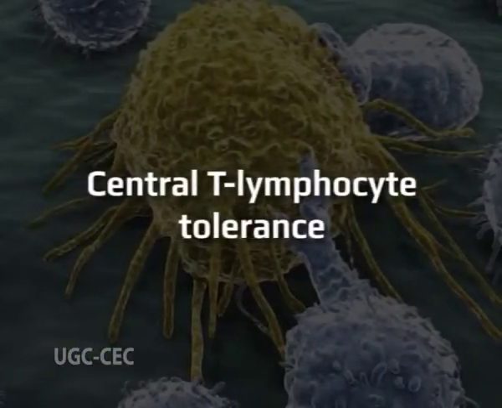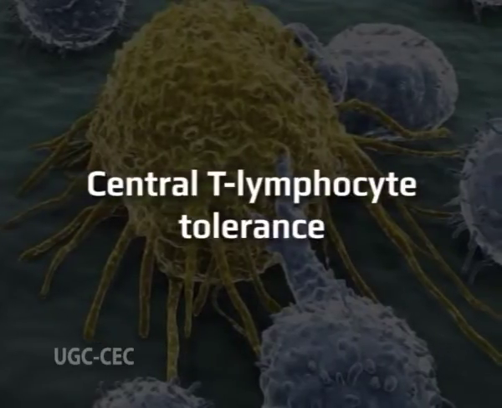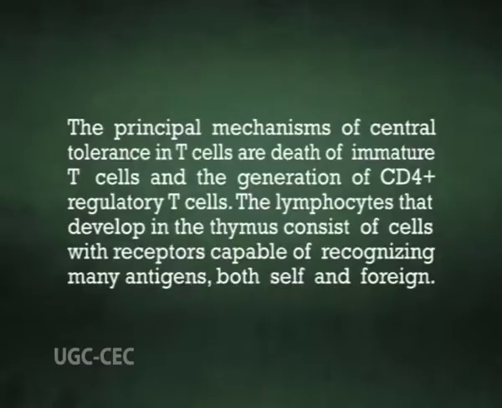Now let's come to the central T lymphocyte tolerance. The principal mechanisms of central tolerance in T cells are the deletion of immature T cells and the generation of CD4+ regulatory T cells.